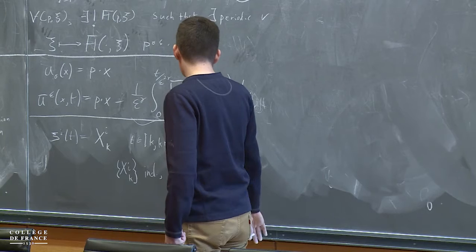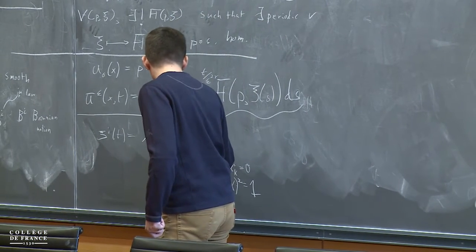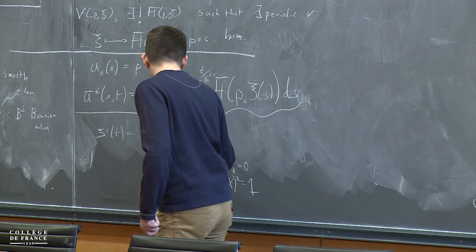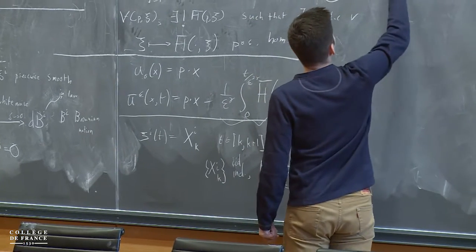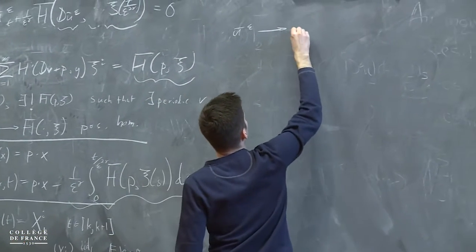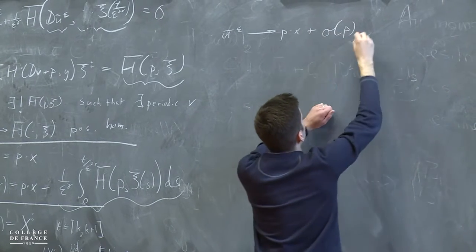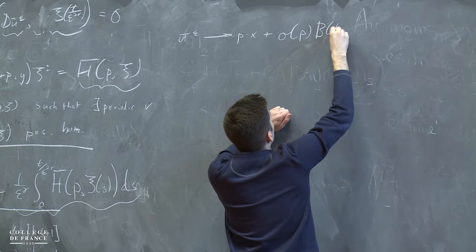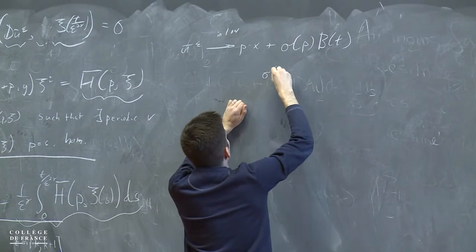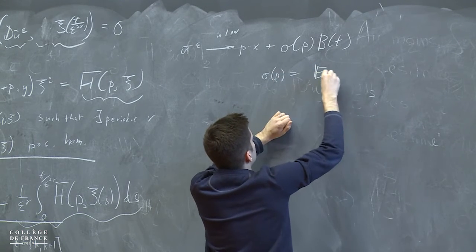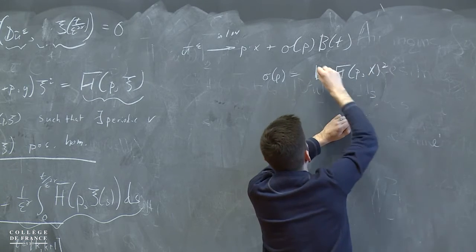All right, so if that's the case, if these are my noise things I'm dealing with, and let me even say they're identically distributed, so really IID, then what I can see is that U bar epsilon will converge to p dot x plus some variance that depends on p times a Brownian motion, and this is in distribution, where the variance is given by this quantity.